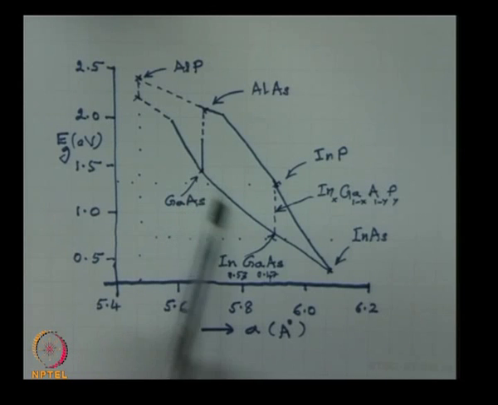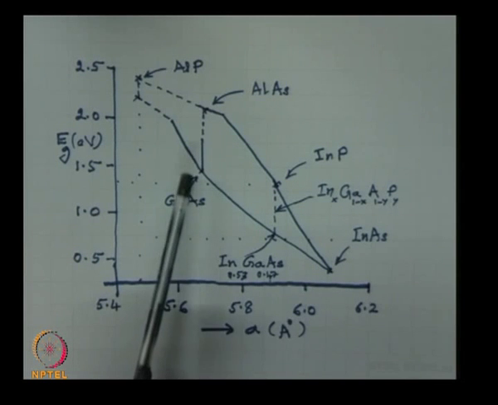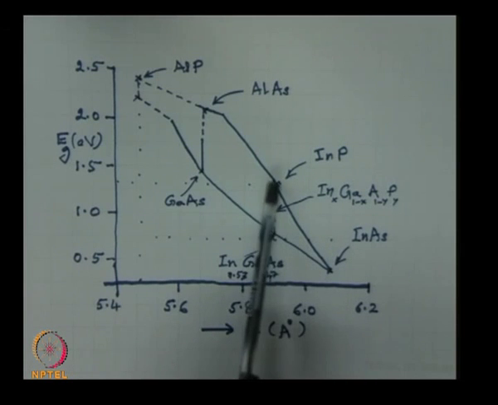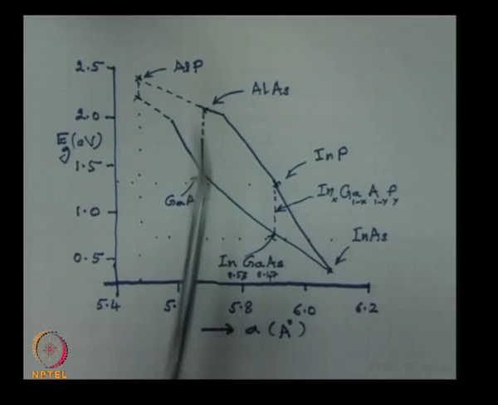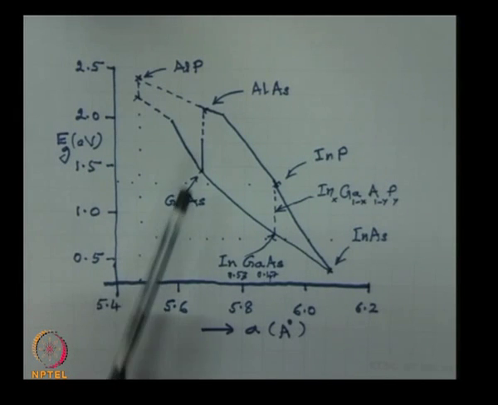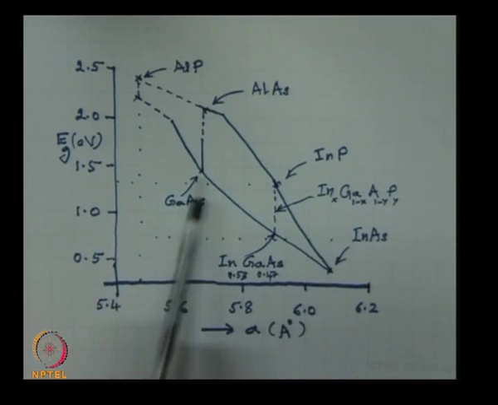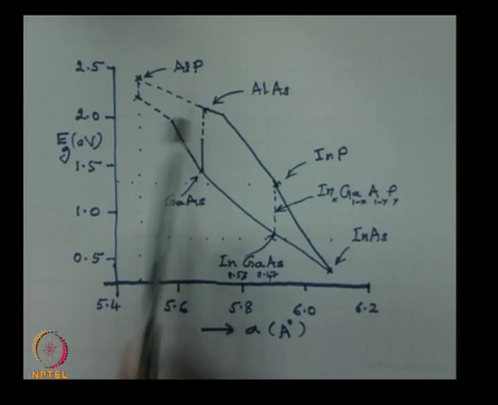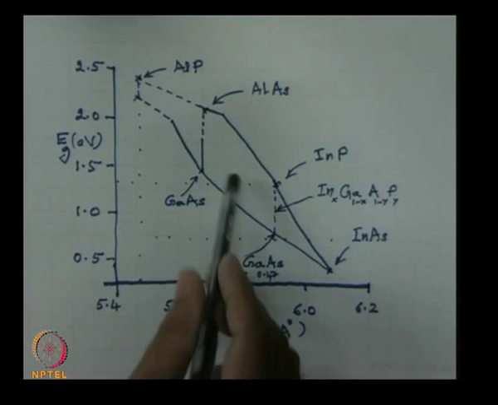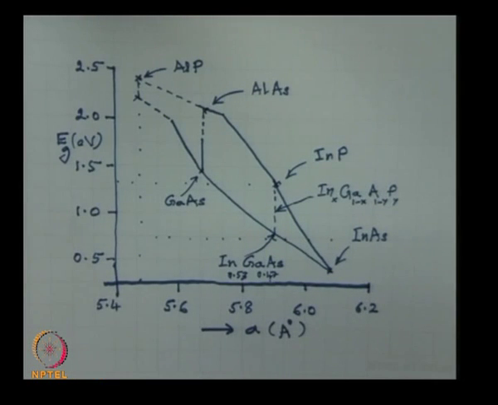Because the lines are ternary compounds, please see, the corner ends are binary compounds, aluminum arsenide, indium phosphide, gallium arsenide, and so on. Corners are binary compounds. The lines which are linking are ternary compounds, and inside the polygon, if you go inside, it is a quaternary compound.